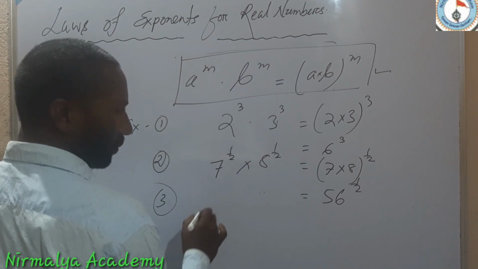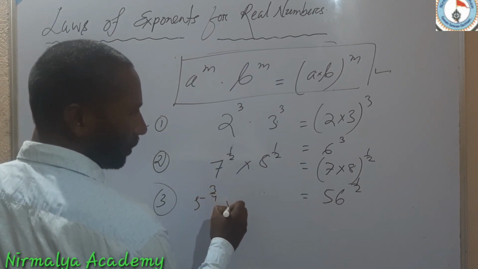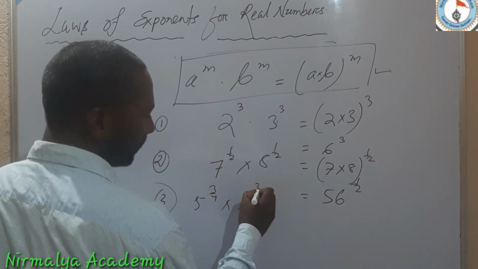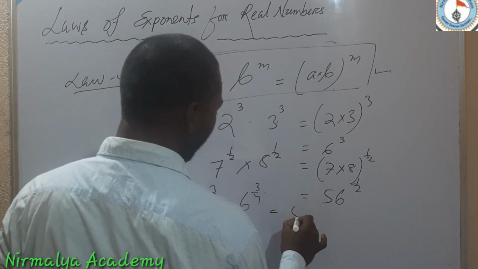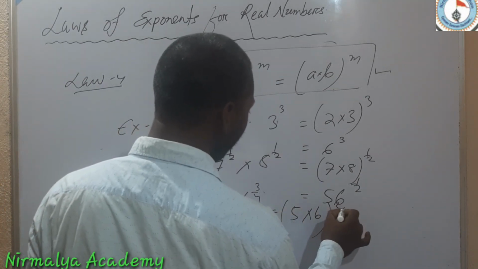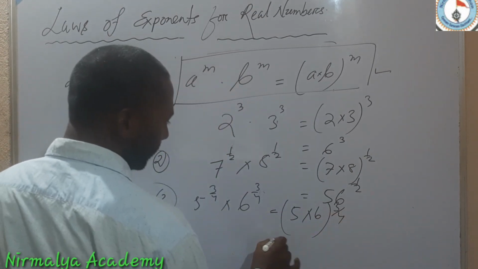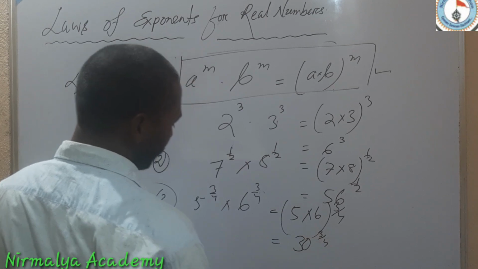Another example, 5 to the power 3 by 4 into 6 to the power 3 by 4 equals 5 into 6 whole to the power 3 by 4, equals 30 to the power 3 by 4.